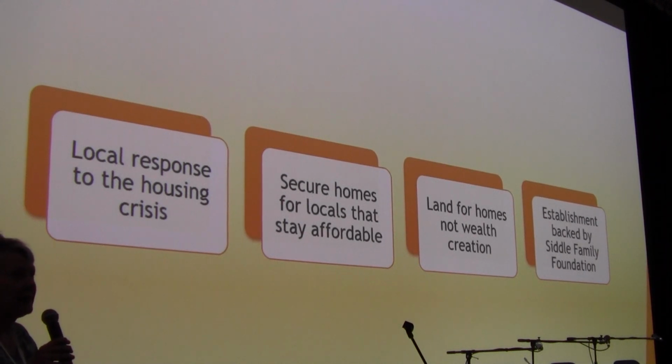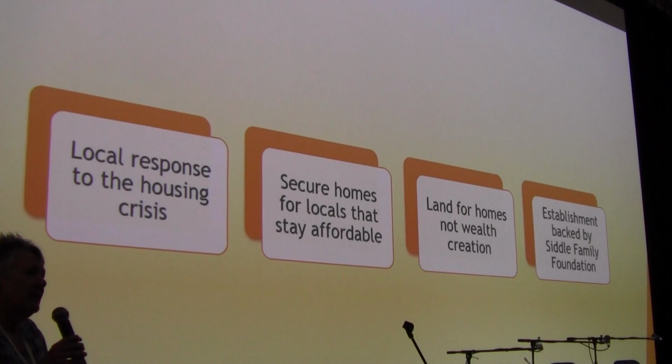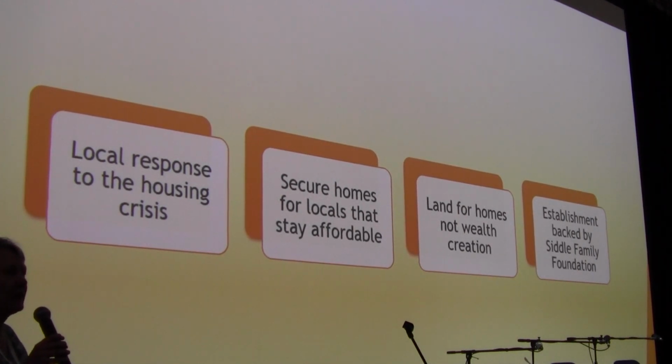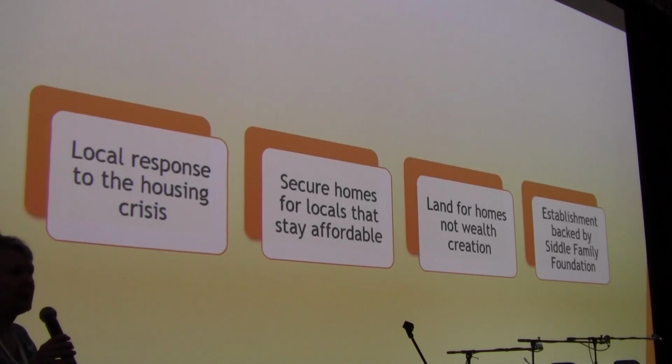So if you think about the stats that I talked about before and the huge gap between local wages and house prices, people who aren't eligible for social housing or affordable housing and are the people who pretty much are the glue of our communities who keep things going, just have not got a hope to buy into the market outright or even rent because of that huge gap between local wages and real estate prices.